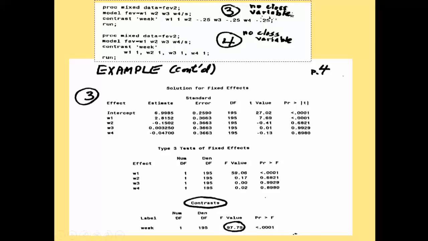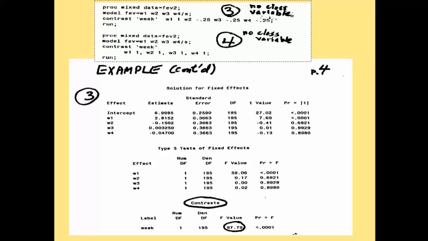You'd have to use the set of statements that I used for the code for 4 in order to do this. But what is this testing? This is a test because it says contrast. It says contrast week, but week is not in there as a class variable.